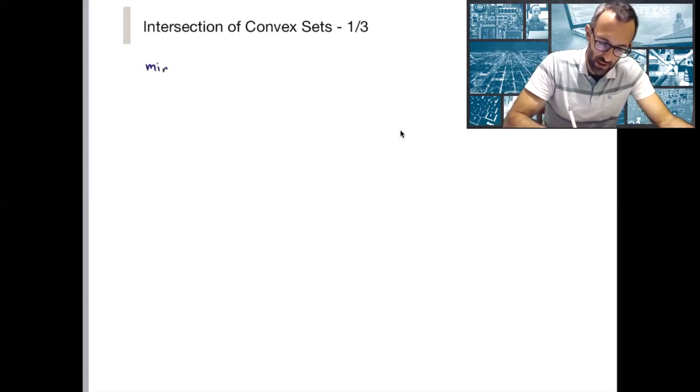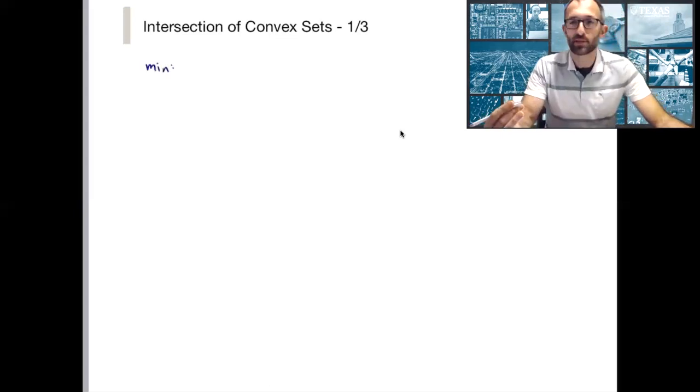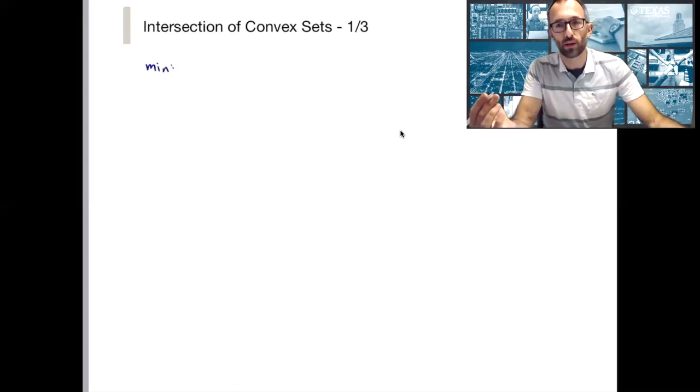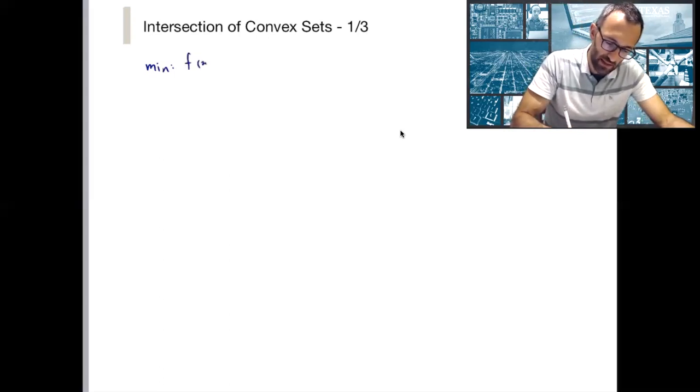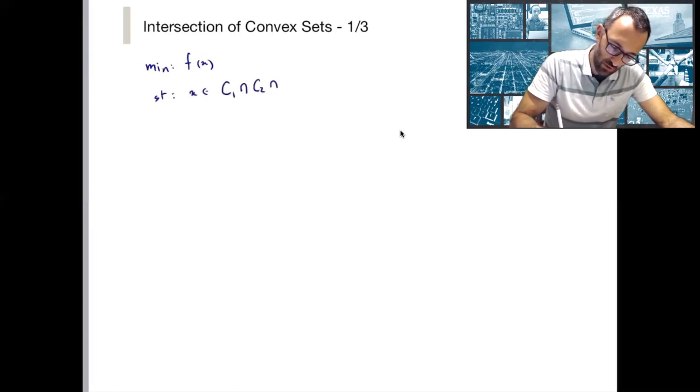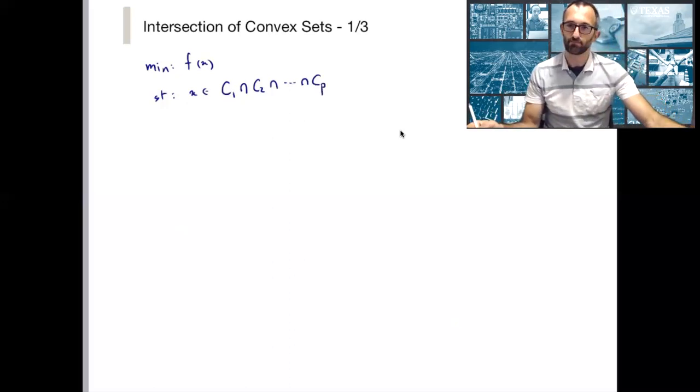So let's look at the overall problem that encapsulates finding a point in the intersection of convex sets, or projecting onto the intersection of convex sets. I just want to minimize a convex function subject to x being in C1 and C2 and up to Cp.